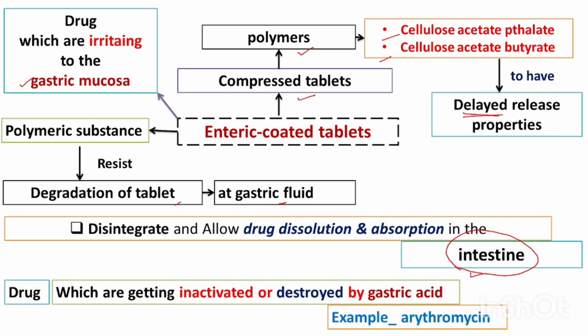And for a drug which is inactivated or destroyed by the gastric acid. Some drugs will be destroyed in the gastric pH or gastric acid, so-called HCl. In that case, we can use an enteric coated tablet for the protein API. An example is erythromycin, right?